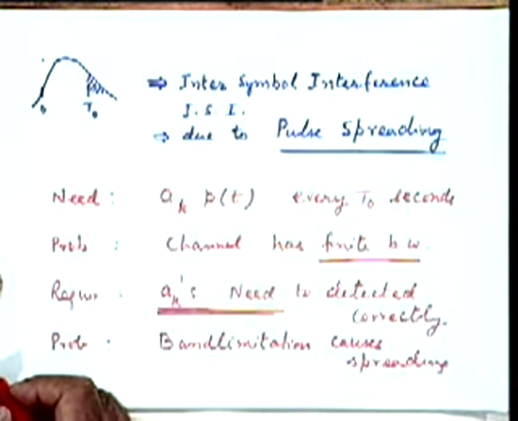and that affects this requirement that AKs need to be detected correctly, because when you are trying to detect AK by looking at the pulse interval corresponding to it, you may also get influenced by what was transmitted elsewhere, right, and may make a wrong decision. The probability of making a wrong decision is likely to increase because of disturbance from other pulses. Right?